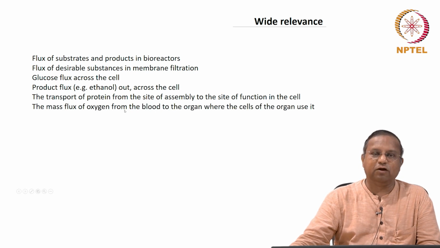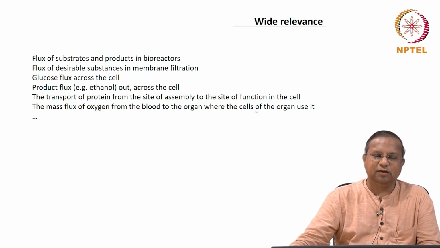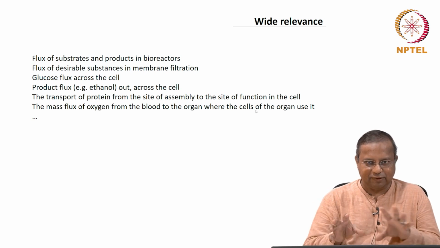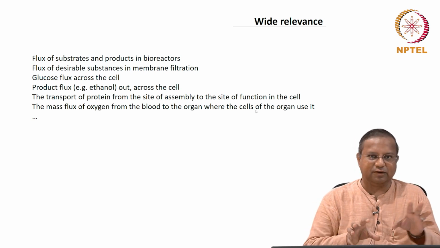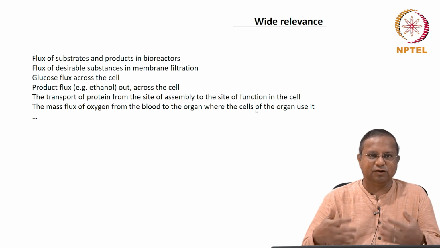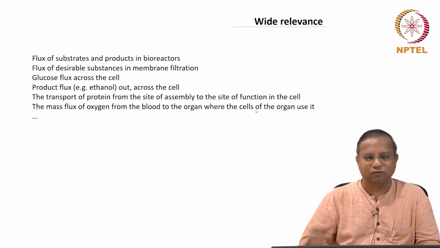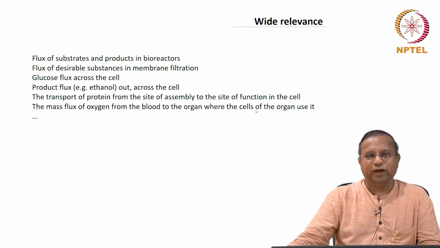The mass flux of oxygen from the blood to the organ where the cells of the organ use it, for example, and so on and so forth. You can think of various different things. From now onwards, you start looking at various aspects in terms of what fluxes there are. That would give you a better appreciation of the applications of this course. The applications are wide, just limited by the sun, I suppose.